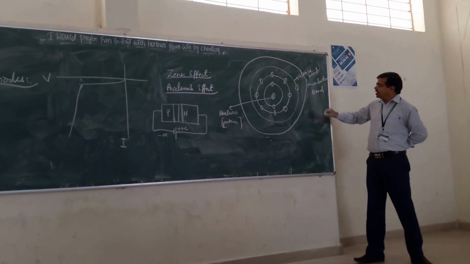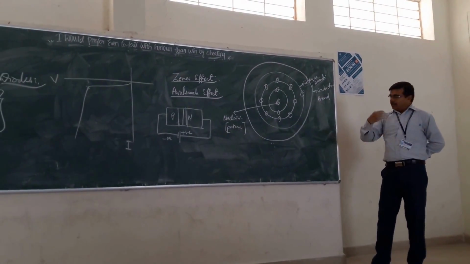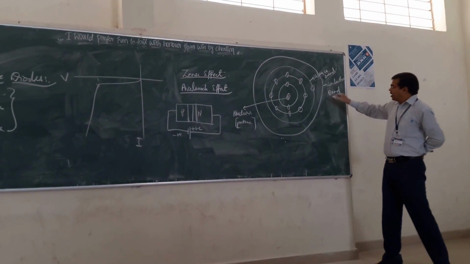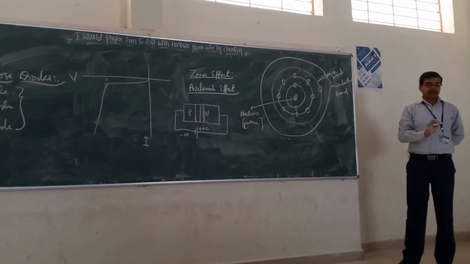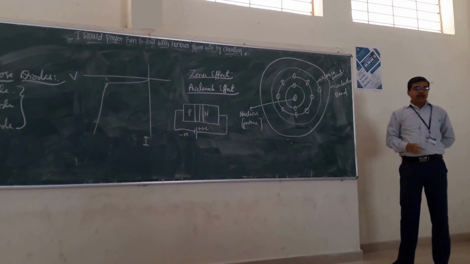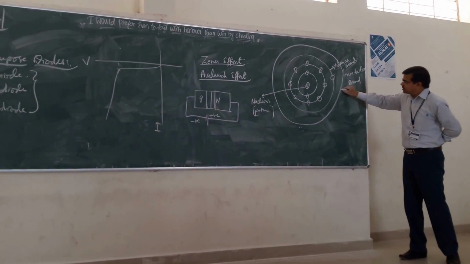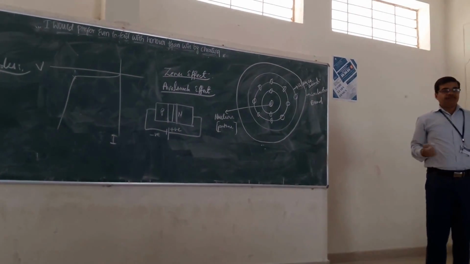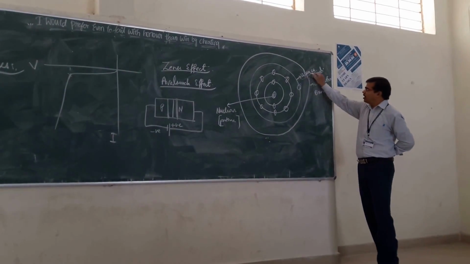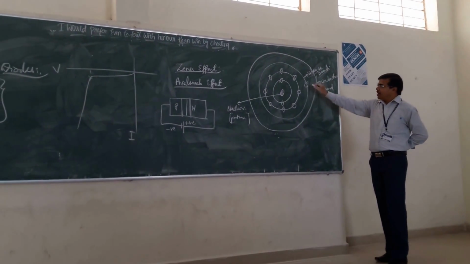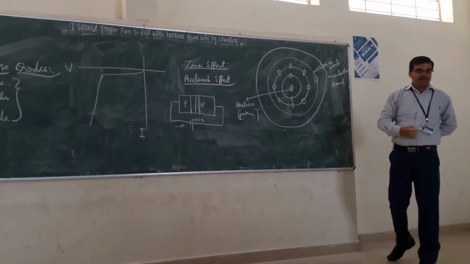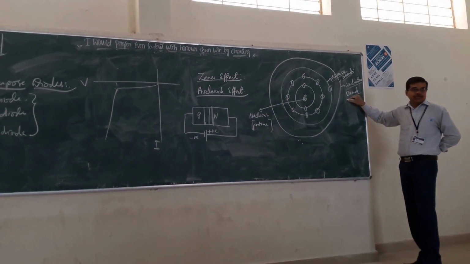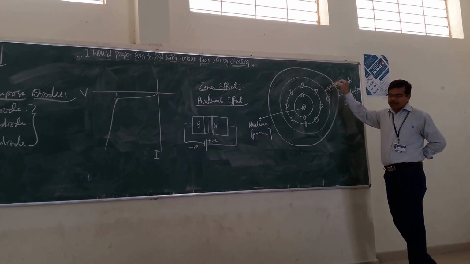Then we can consider one imaginary band, which may be empty or partially filled. The valence band will be partially or totally filled. Here you have the valence band and here you have the conduction band.